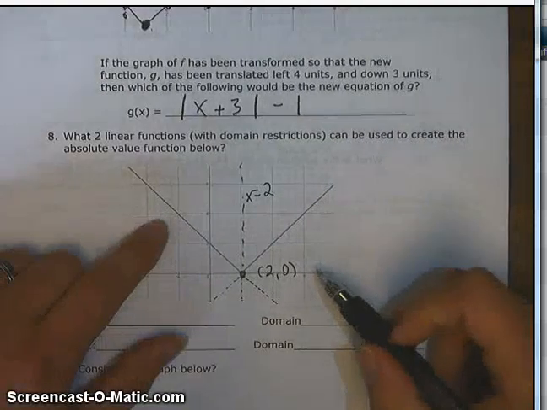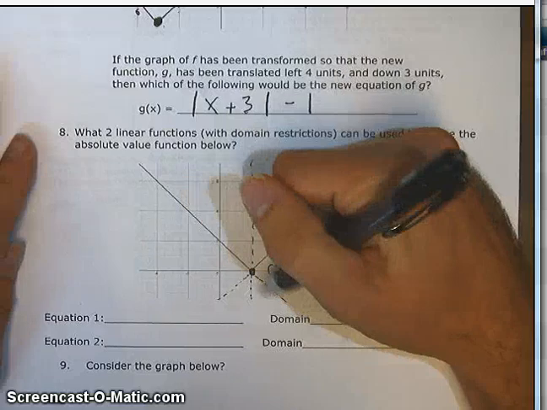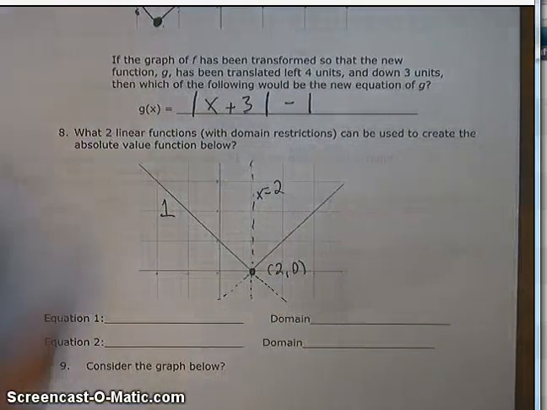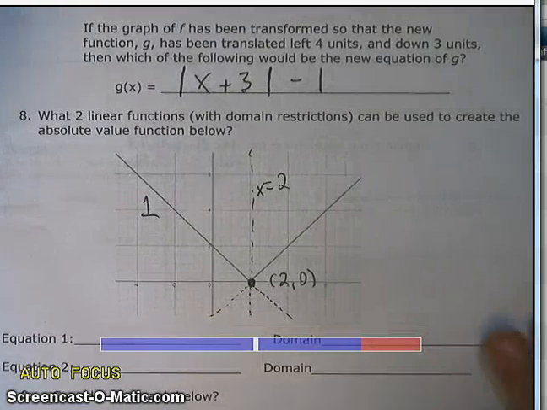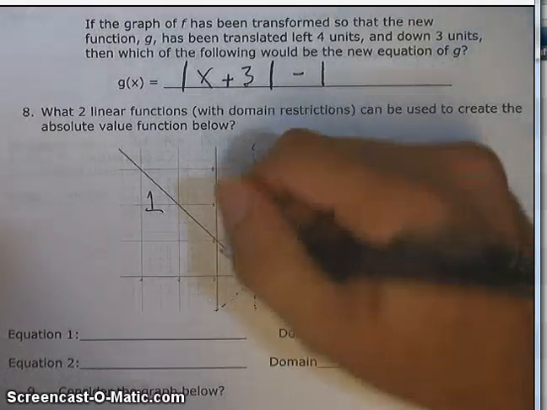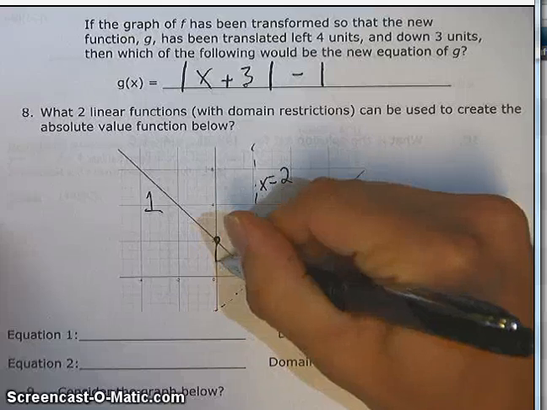Now I'm going to look at these two linear equations. This one right here, we'll call equation 1. I always like to think of it beginning at the y-intercept. I guess it doesn't, but the y-intercept right here is at 2. And it looks like it's going down 1 over 1.